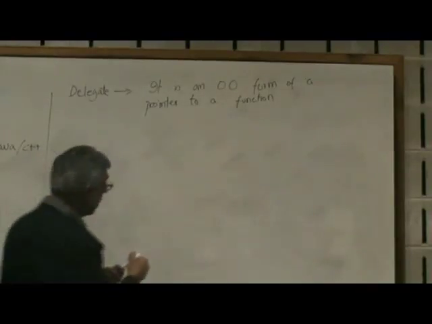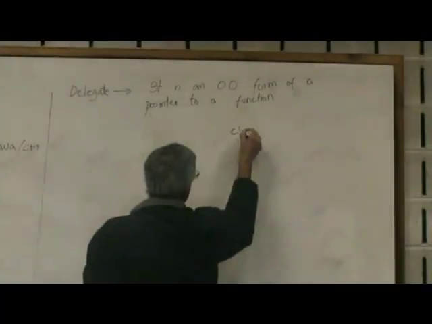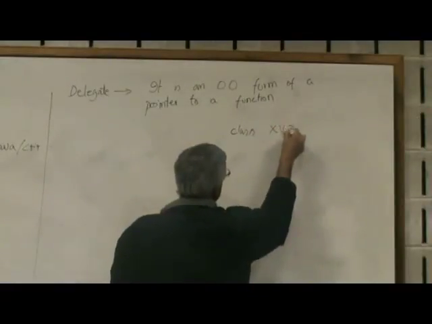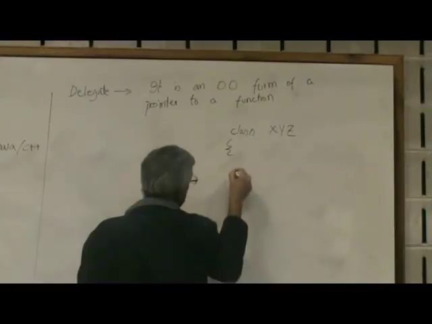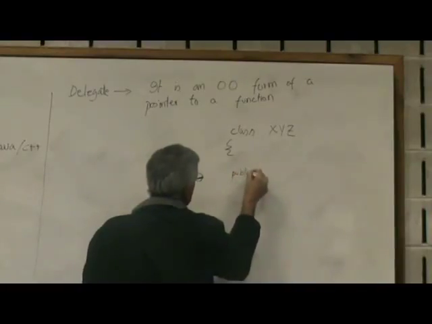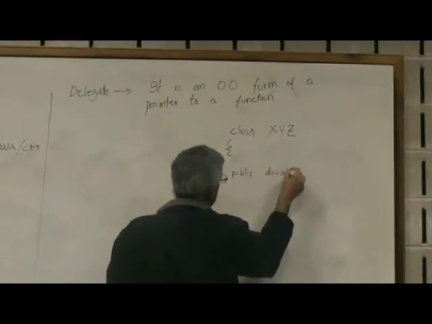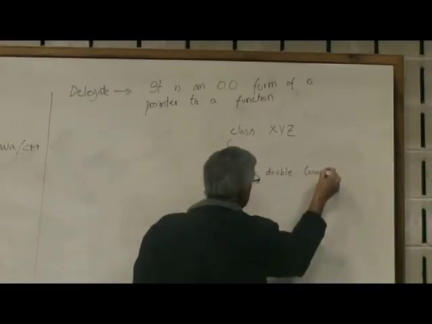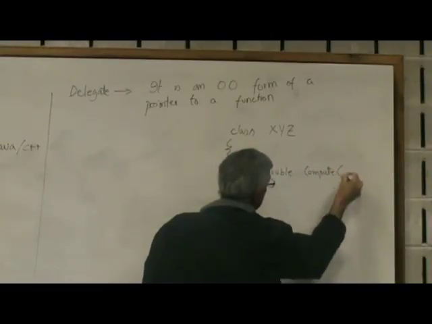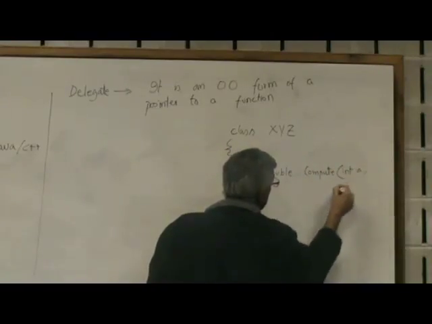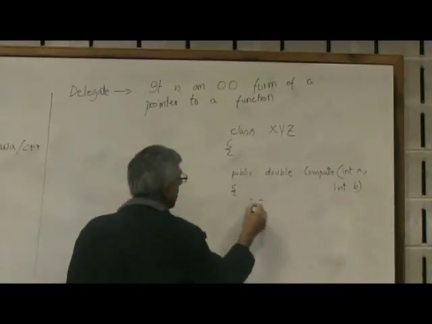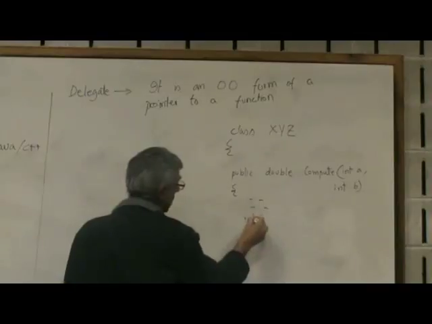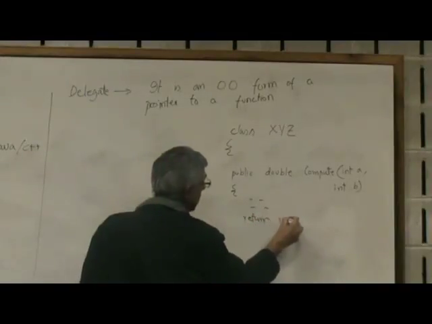To give you a simple example, suppose you created a class called XYZ, and suppose you put something like public double compute(int A, int B), and you did some computation and returned some result.